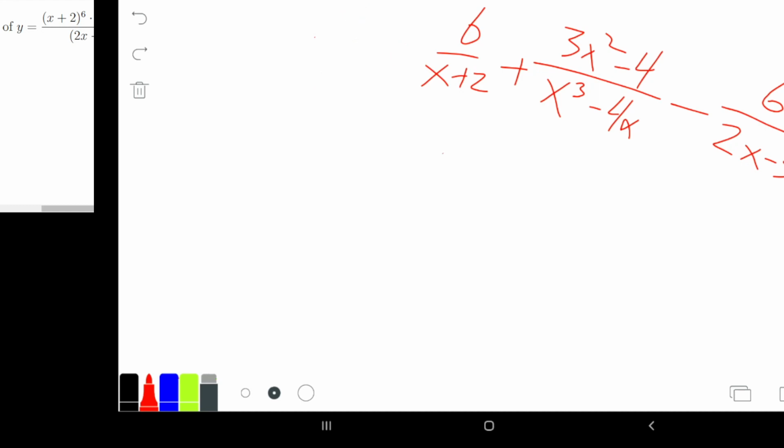We don't actually write y, though. We write what y was equal to, which was x plus 2 to the 6th times x cubed minus 4x, all over 2x minus 3 quantity cubed.